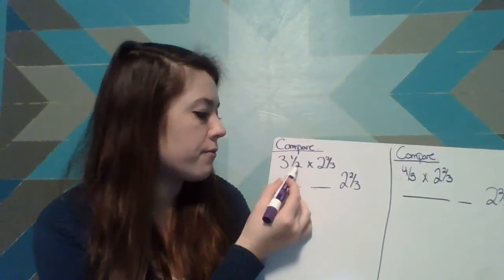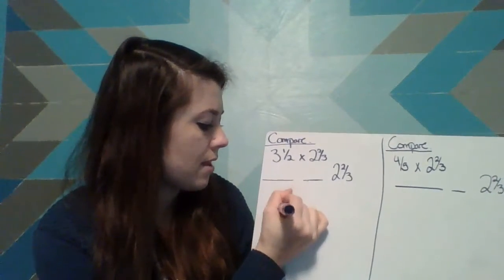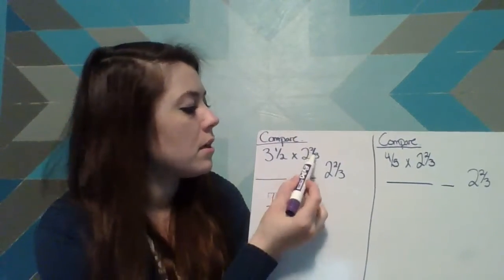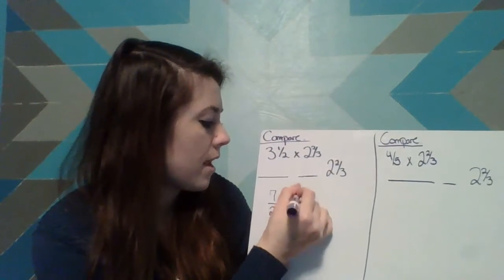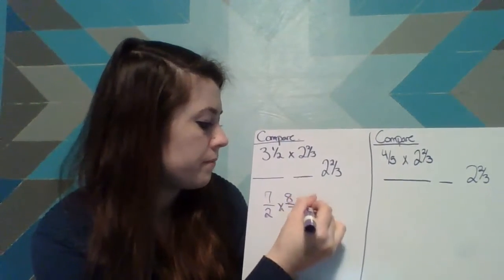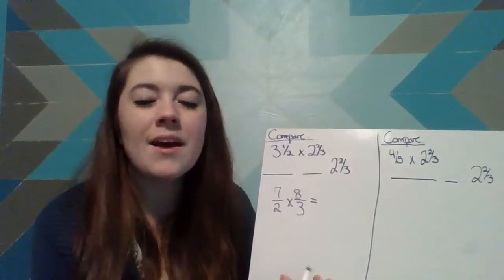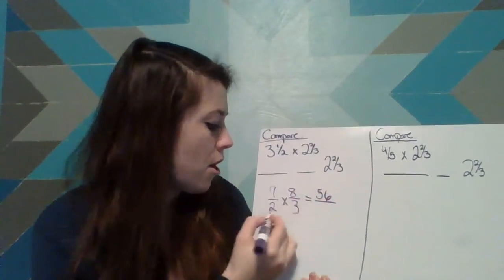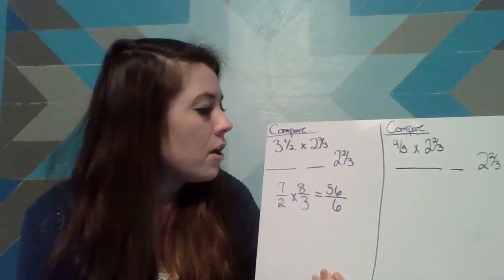So 3 1/2, 3 times 2 is 6, plus 1 is 7. So we've got 7/2 times, convert our 2/3. 3 times 2 is 6, plus 2 is 8. So we've got 8/3. Multiply this, so 7 times 8, 7 times 8 is 56, over 2 times 3 is 6.